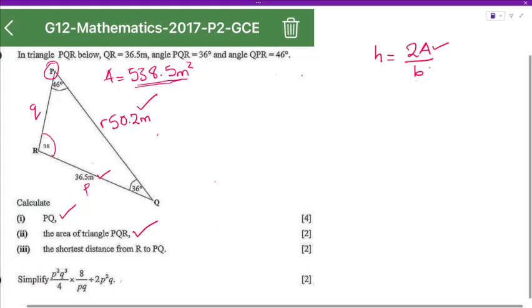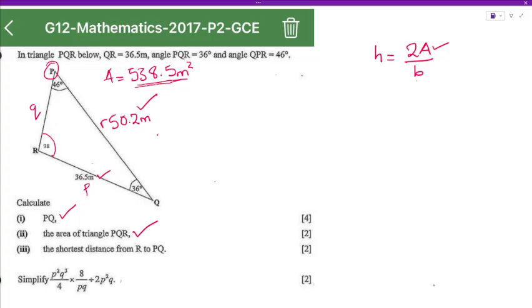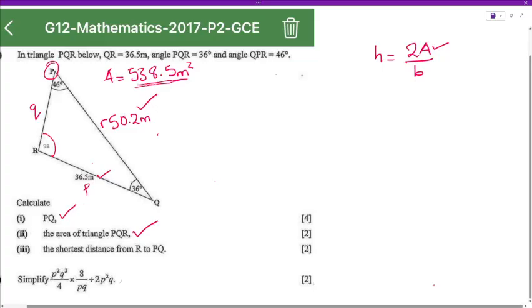So where there's A there, you're going to put the area you found, because they don't usually give you the area. They ask you to find the area, and then in the next question, which is this one we're tackling now, they will ask you to find the shortest distance, of which the formula requires that you plug in the area you found. So if your area was wrong, therefore this question becomes wrong as well.